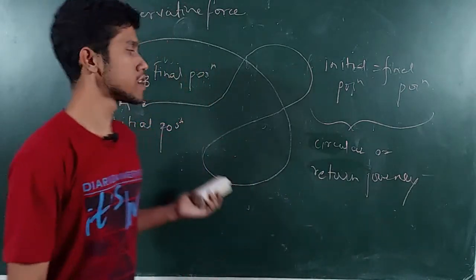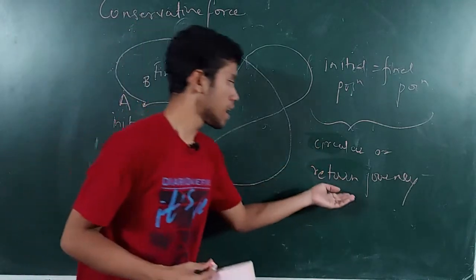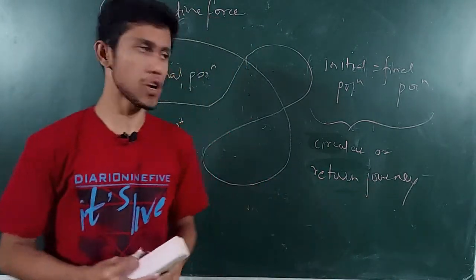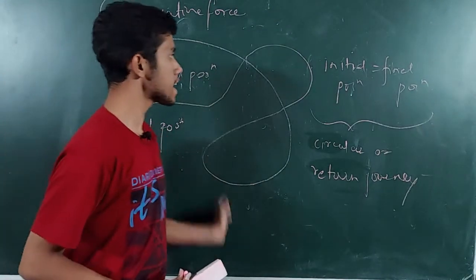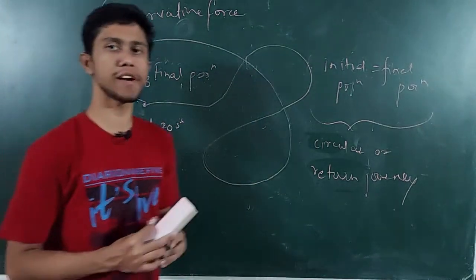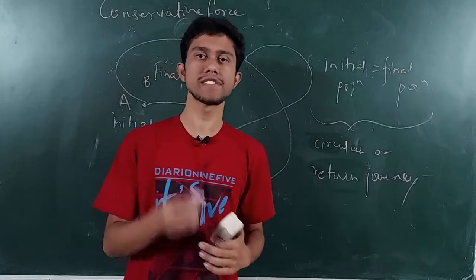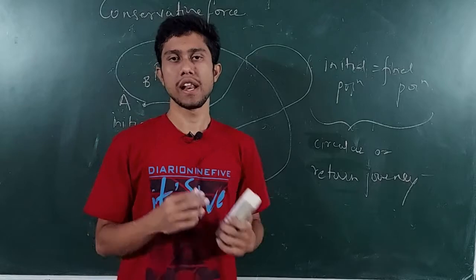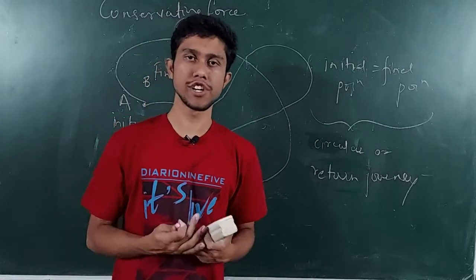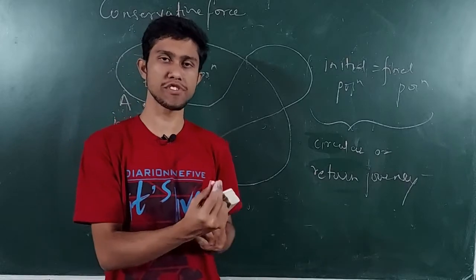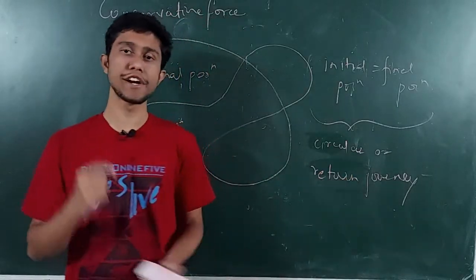Circular not by its shape, it is not circular, but you can call it a return journey, because the particle is starting from point A and again culminating at the same point B. So the initial and final points are the same, and this is called a return journey. Like you go from home and again return home, so this is called a return journey because you start from the same point and you end your journey at the same point. So such journeys are called a return journey.